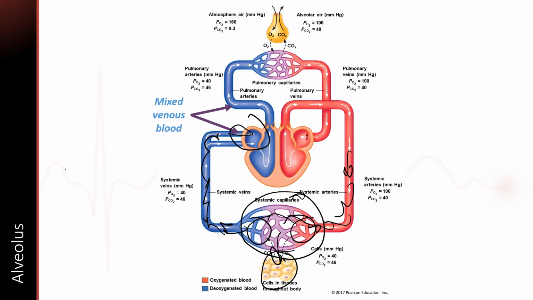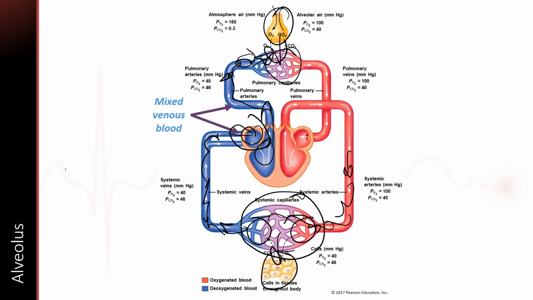And it goes into the right atrium, then the right ventricle, then it gets pumped into the pulmonary circuit. It gets pumped into the pulmonary arteries, which take the deoxygenated blood to the pulmonary arterioles, and then ultimately the pulmonary capillaries, and then the process repeats, right? From what we looked at before, the blood will get oxygenated at the lungs.